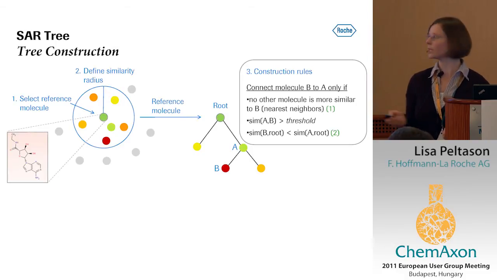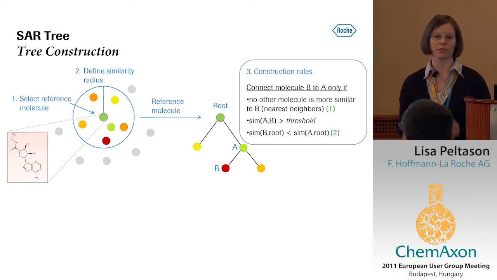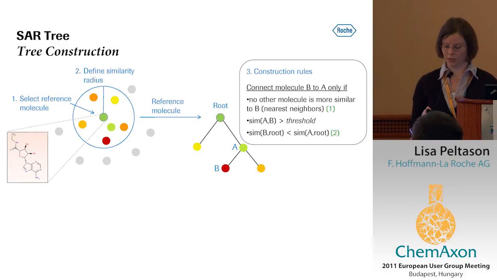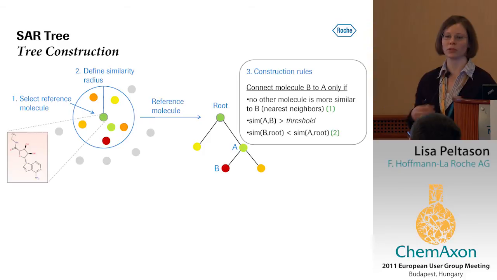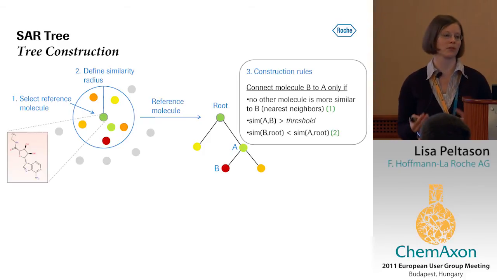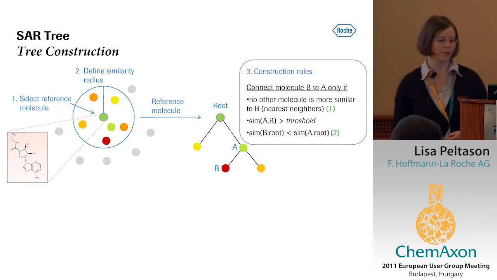So when we want to add B to the molecule A, we must ensure that A is the nearest neighbor of B. And we also introduce a nearest neighbor threshold in order to make sure that we connect only molecules that really have a significant level of molecular similarity.